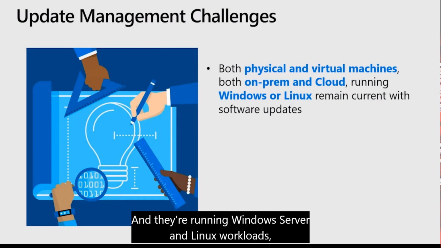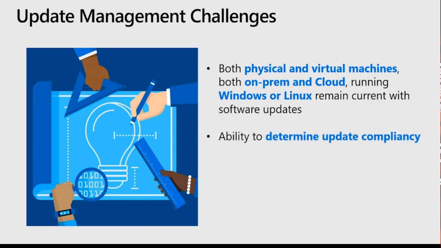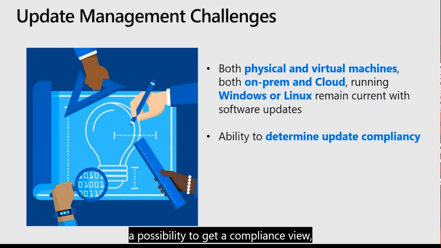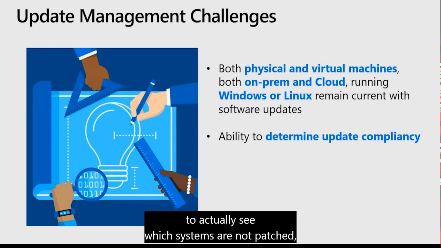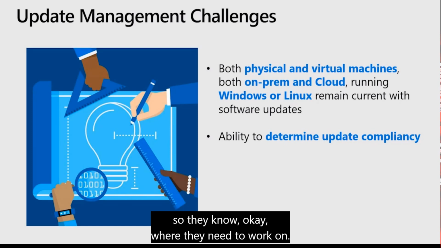And they're running Windows Server and Linux workloads. And again, they need to make sure that they have the latest patches installed. They want to have a possibility to get a compliance view to actually see which systems are not patched and which systems are patched, so they know where they need to work on.